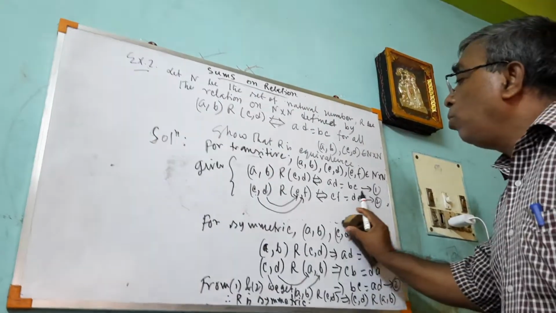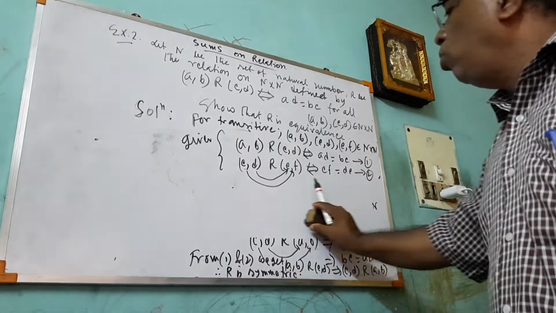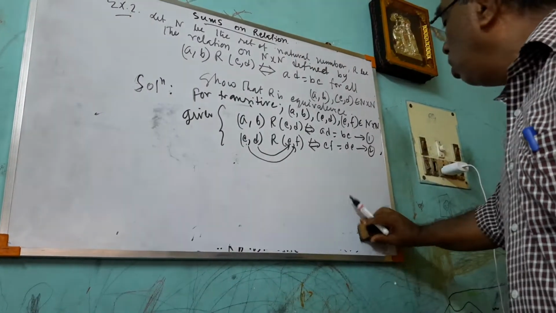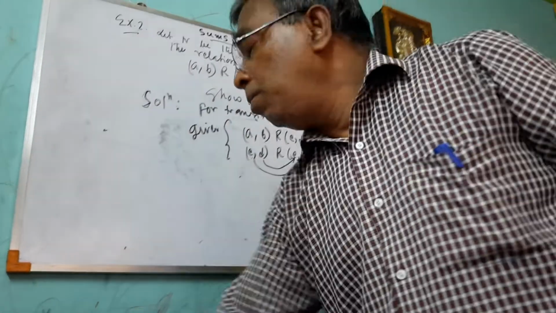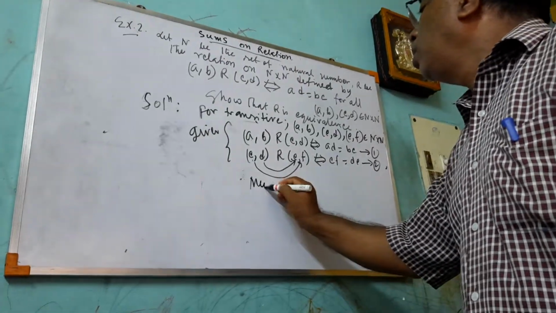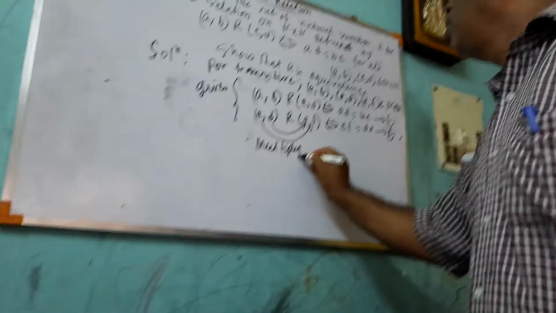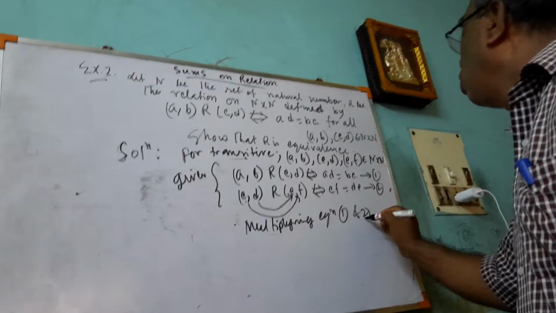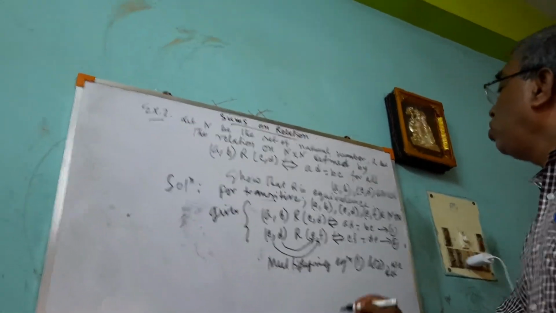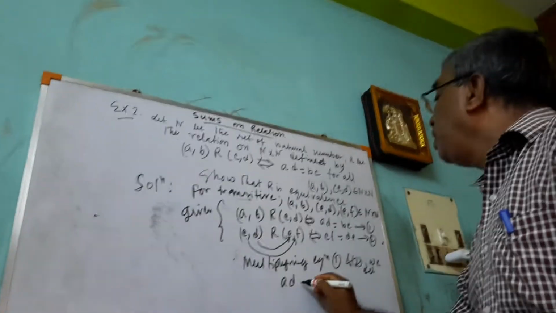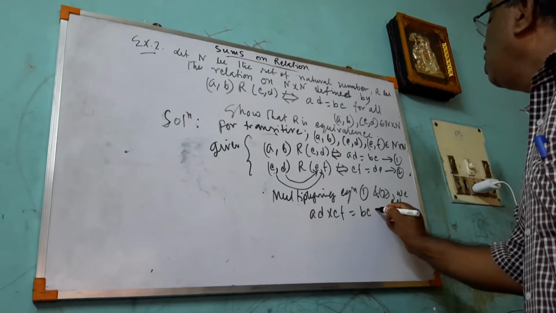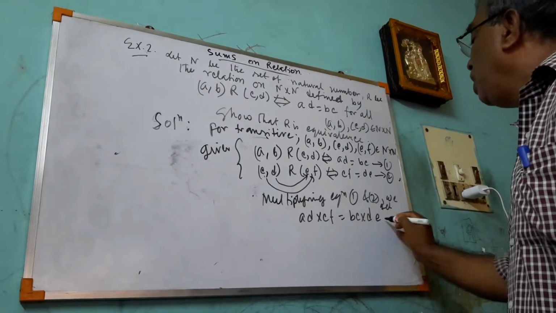Now multiplying equations 1 and 2, we get AD into CF is equal to BC into DE.